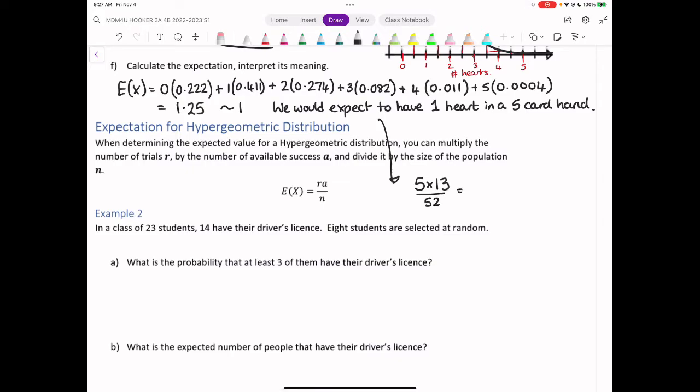And when you put that into your calculator, hopefully you get 1.25. Yes, indeed, which is the answer we got above.